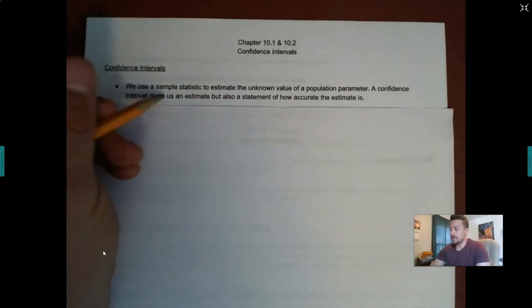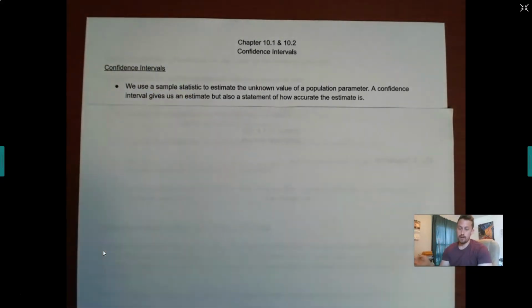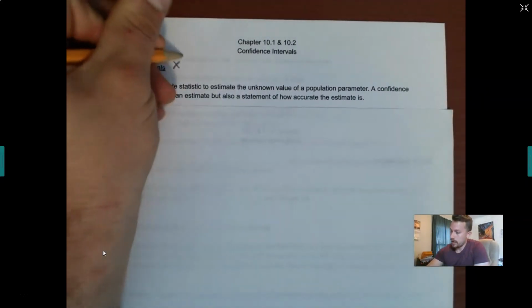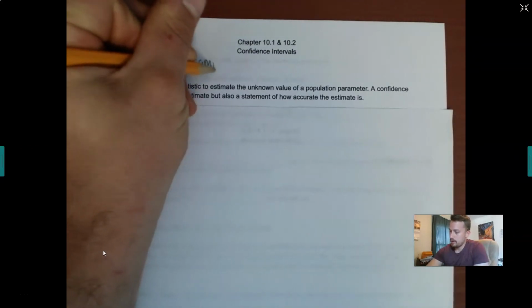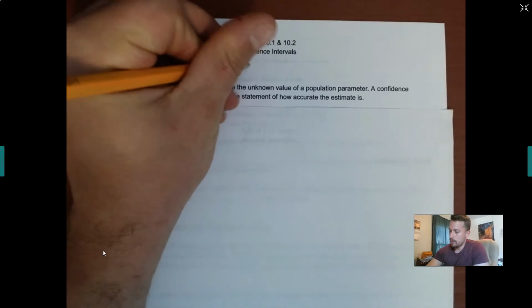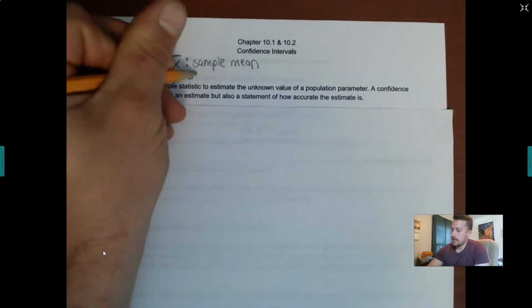Remember, a sample statistic would just be when we look at our sample, a piece of the population, and we come up with some sort of number summary. We're usually looking at x bar, a sample statistic for the sample mean, or p hat, which is a sample proportion.